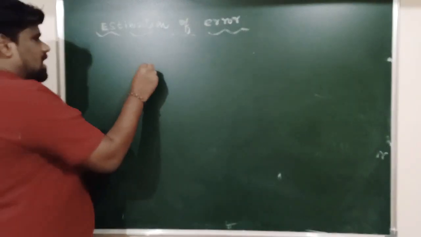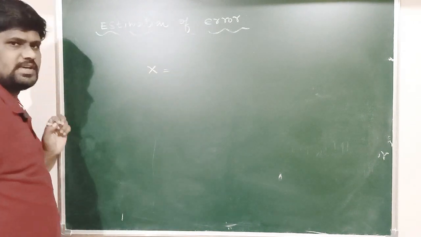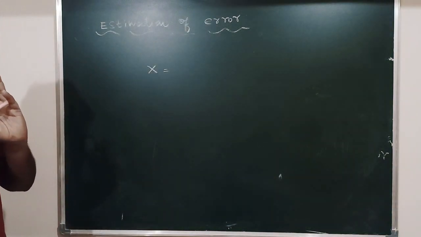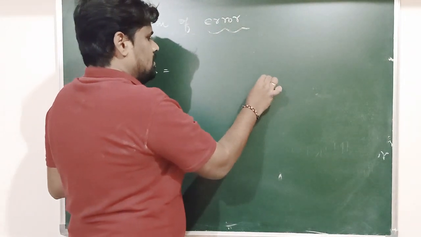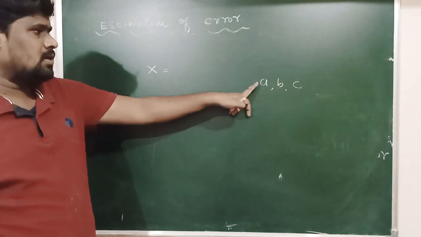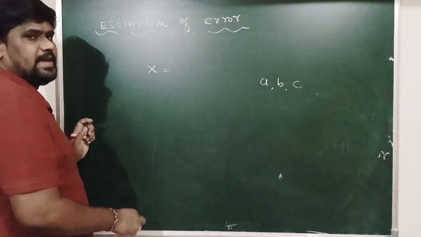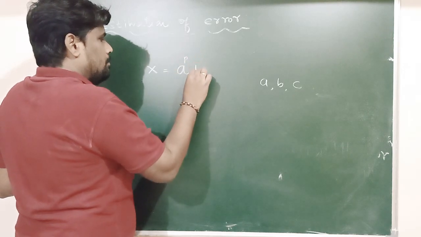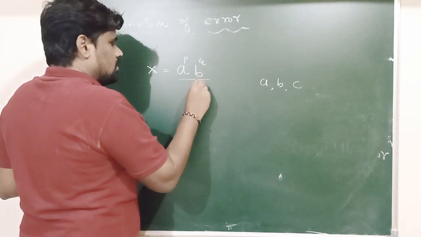Say for example, I have a physical quantity x, and it is obtained by measuring three other physical quantities, say A, B and C, in such a way that x is equal to A to the power P, B to the power Q, divided by C to the power R.